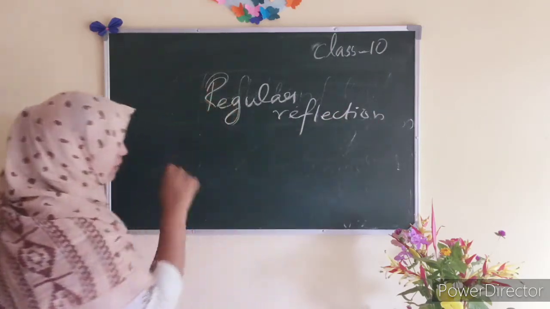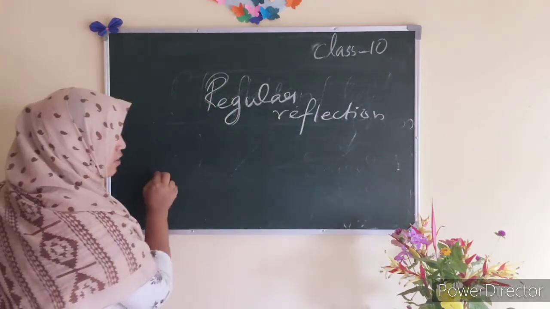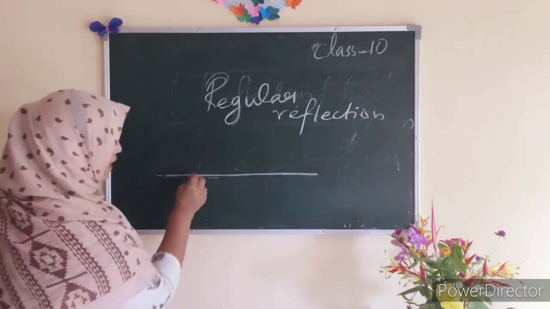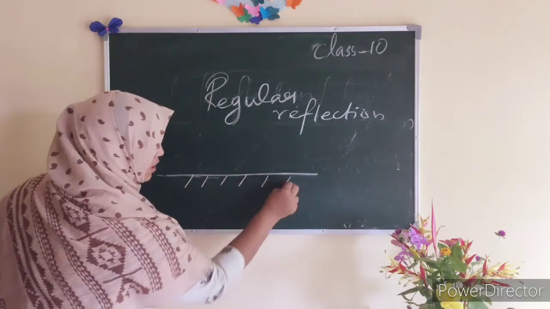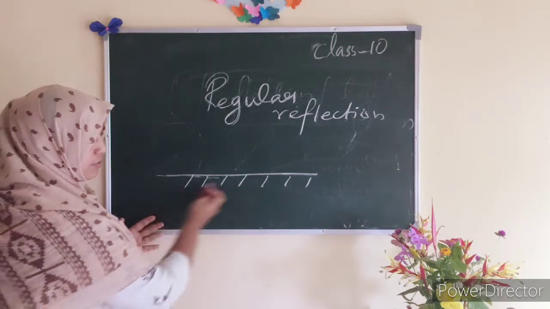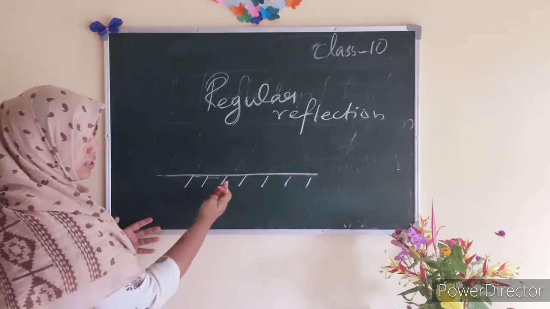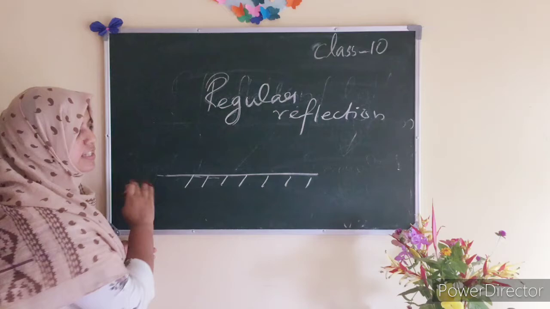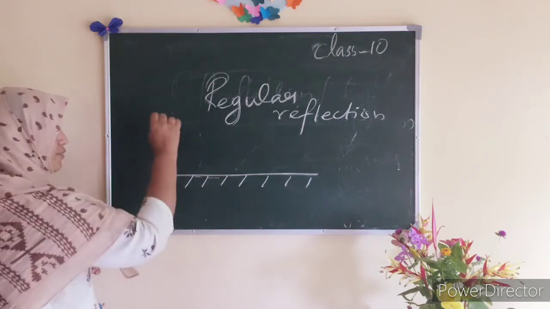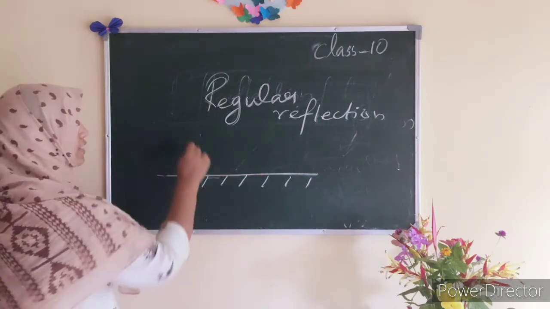First of all, I am drawing a reflector. What is a reflector? A surface which reflects the light.